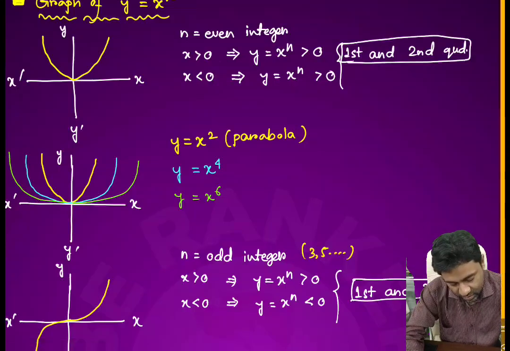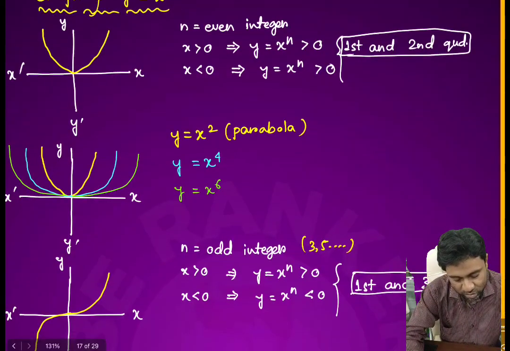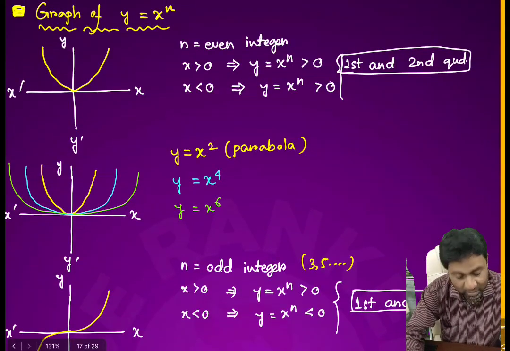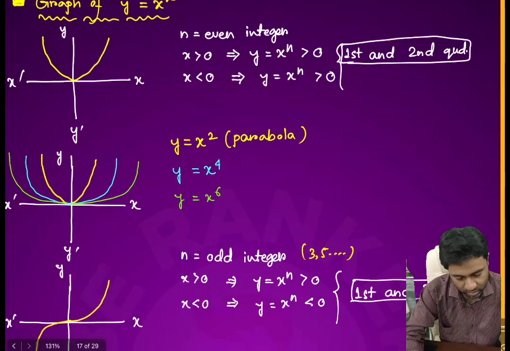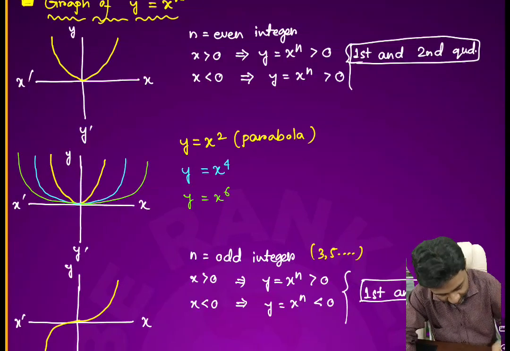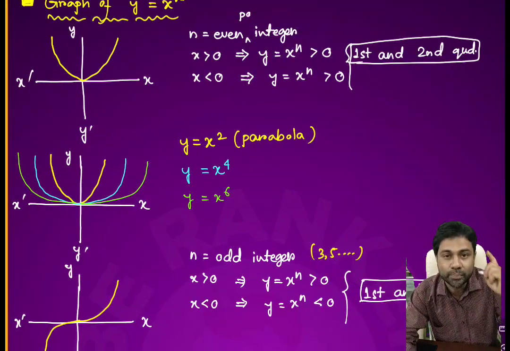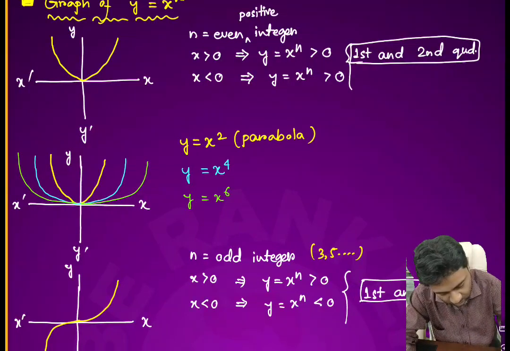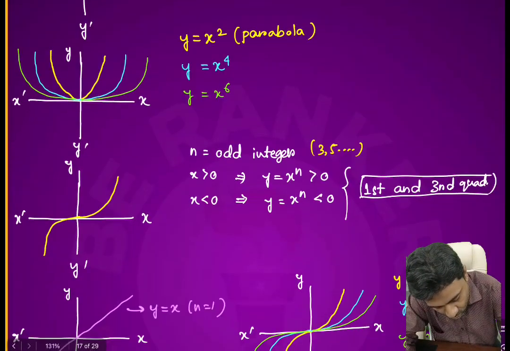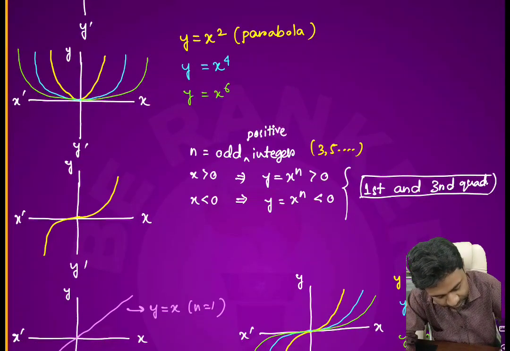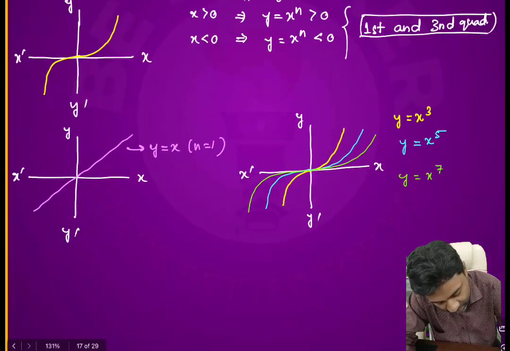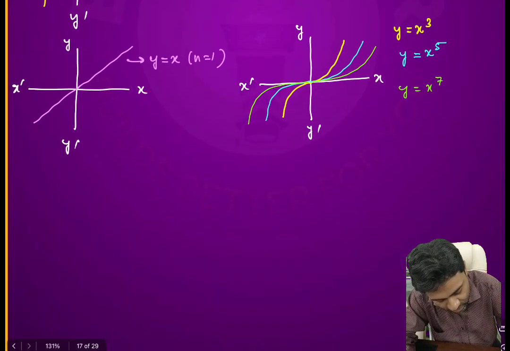So, we have discussed the graphs for y equal to x to the power n with n an even integer. Remember, here in all these graphs, n is odd or even, but n has been taken to be a positive integer. So you can say these forms n is even, positive integer. And here n is odd, positive integer.